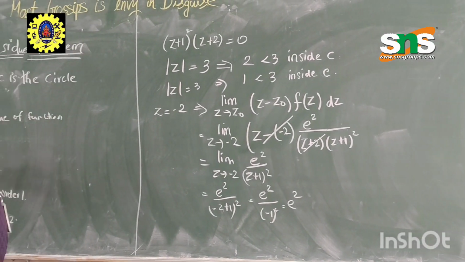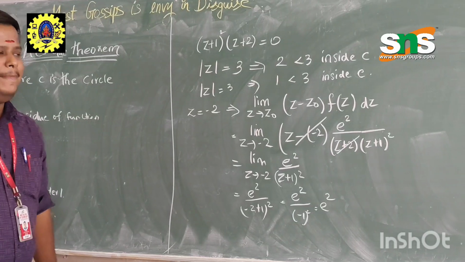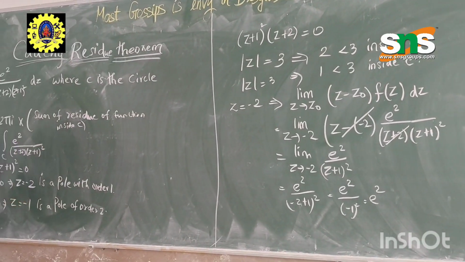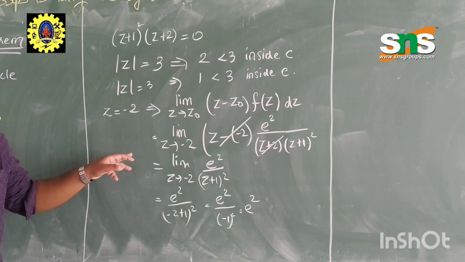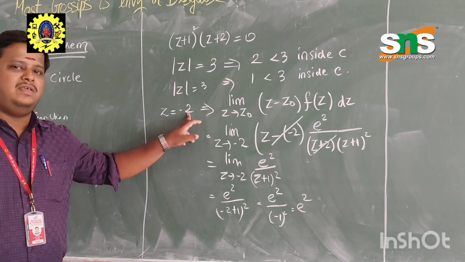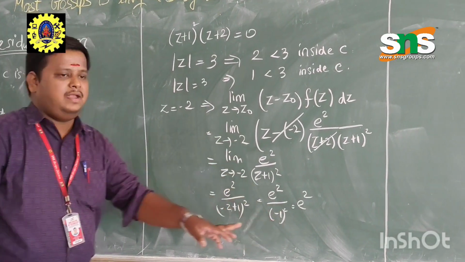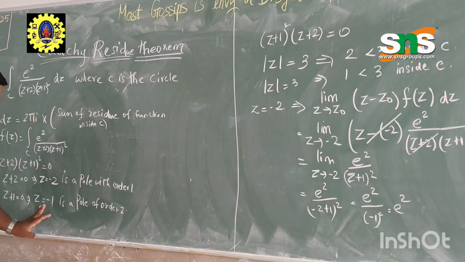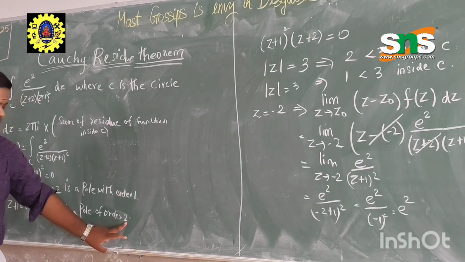Next I have to find the residue at z is equal to minus 1. The order is 2.